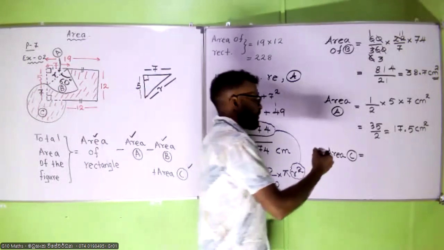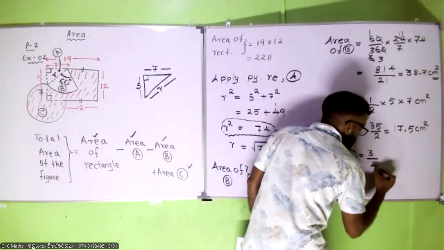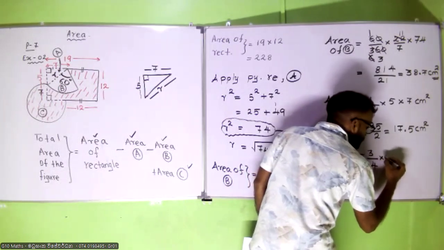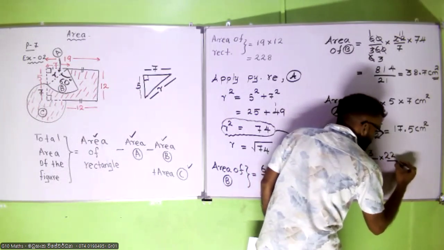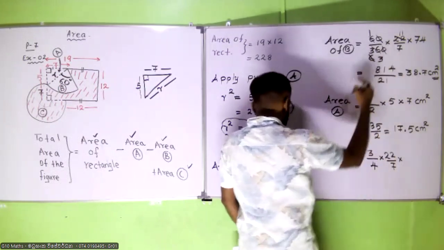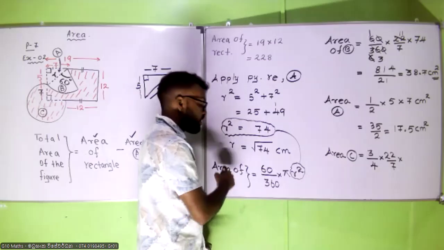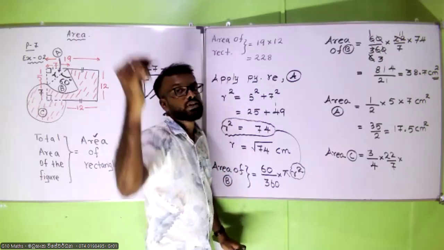So you can directly apply 3 upon 4 as the portion of the circle, and pi is 22 upon 7. Portion of the circle into pi r squared, because you are finding the area of a sector of a circle.